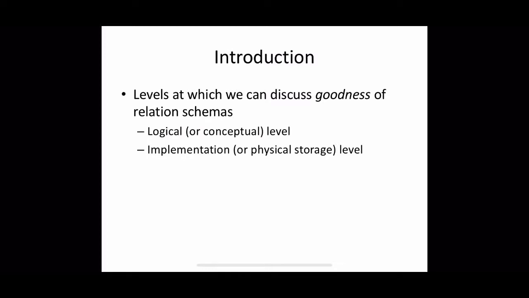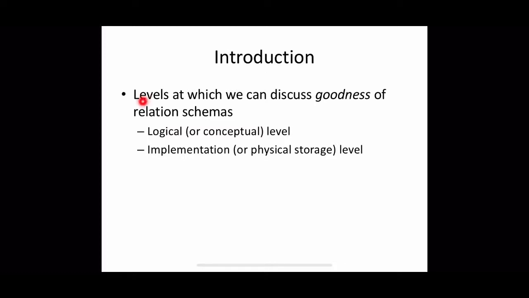So now we need some formal way of analyzing why one grouping of attributes into a relation schema may be better than another. So we need some measure of goodness, or a measure of the quality of the design. So we have to evaluate each and every relation, and we have to optimize these relations using some algorithms. That is what we have to cover in database design.